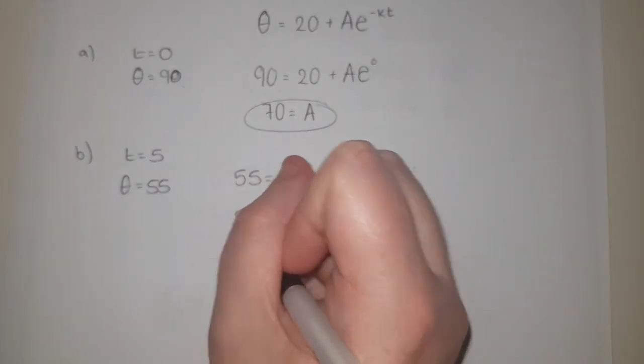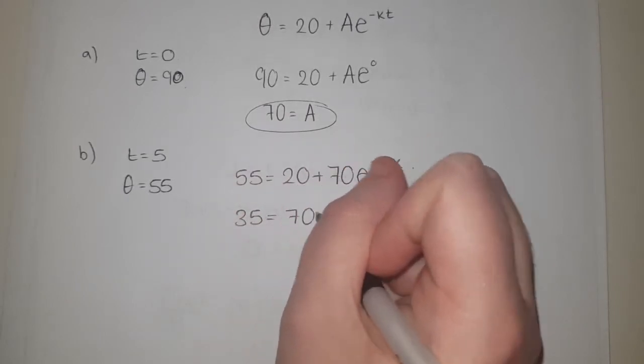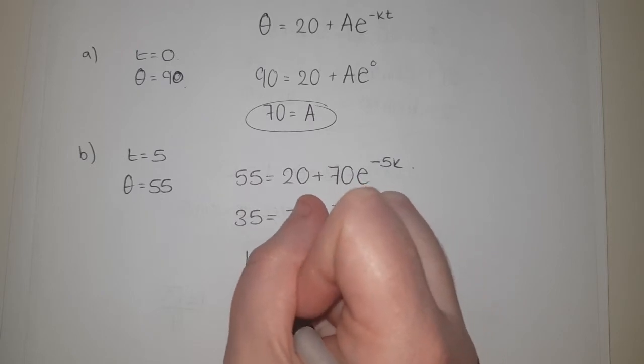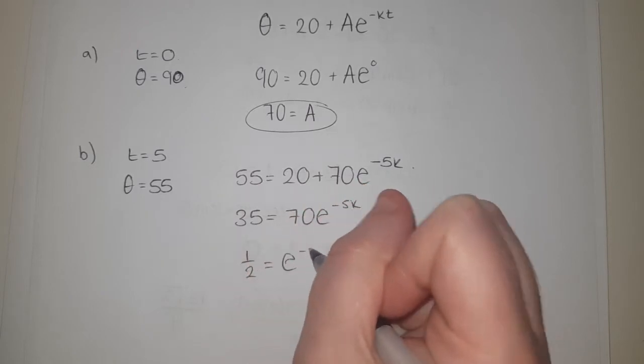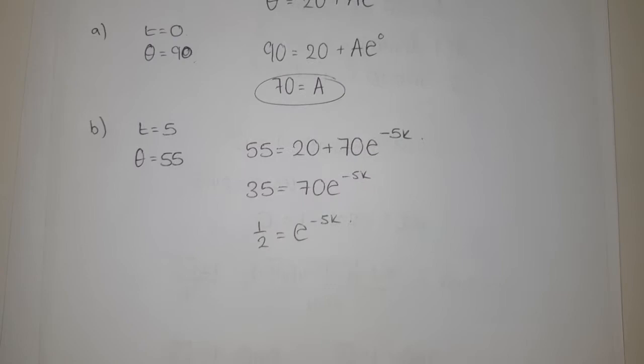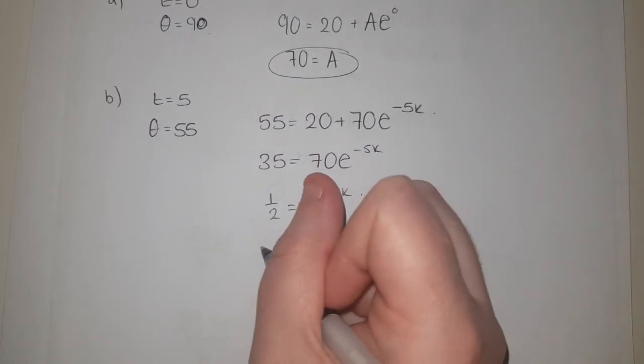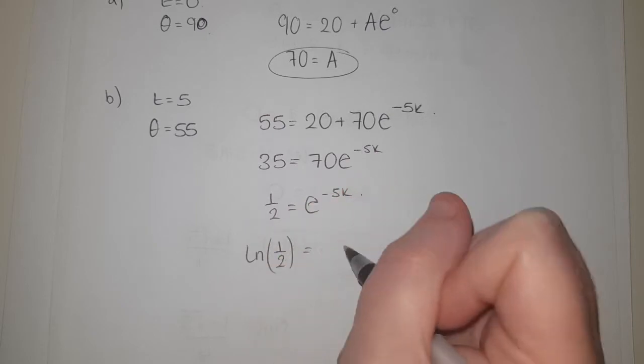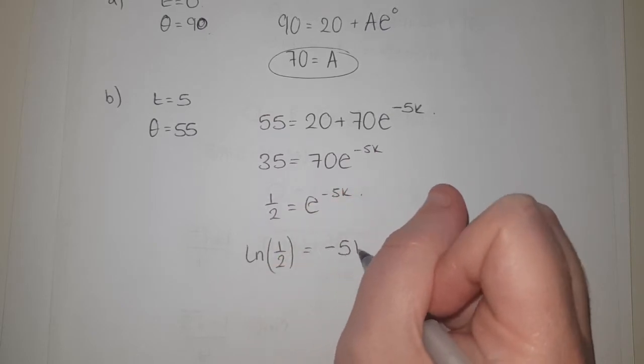So if I subtract 20, I get 35 is 70 e to the minus 5k. If I divide by 70, I get a half is equal to e to the minus 5k. If we take ln of both sides, I get ln of a half is equal to minus 5k.